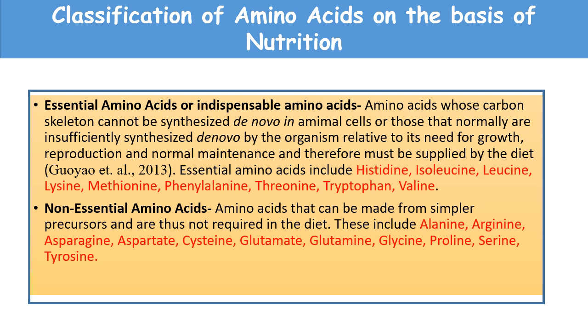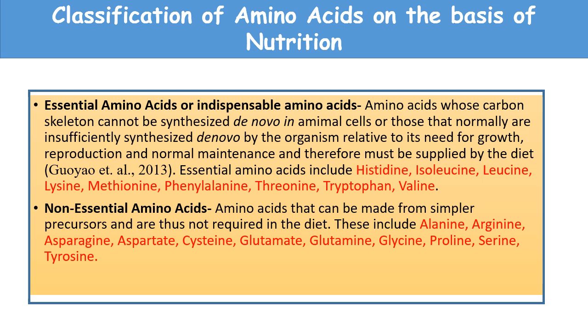Amino acids whose carbon skeleton cannot be synthesized de novo in animal cells, or those that are normally or insufficiently synthesized de novo by the organism relative to its need for growth, reproduction and normal maintenance, and therefore must be supplied by the diet, are essential amino acids. Essential amino acids include histidine, isoleucine, leucine, lysine, methionine, phenylalanine, threonine, tryptophan and valine.